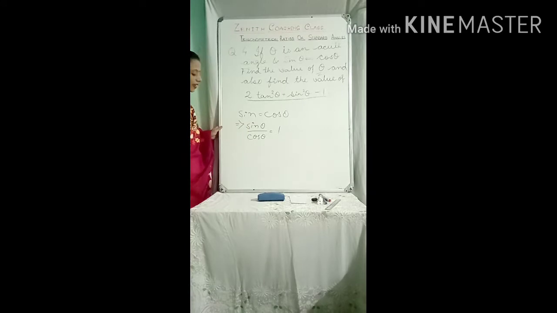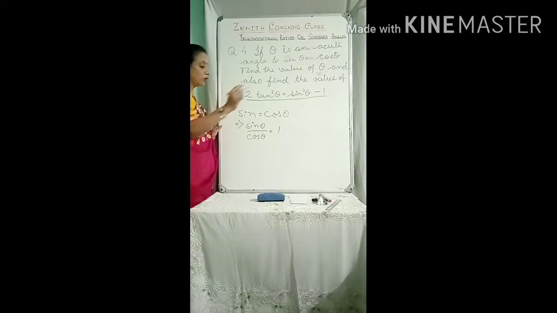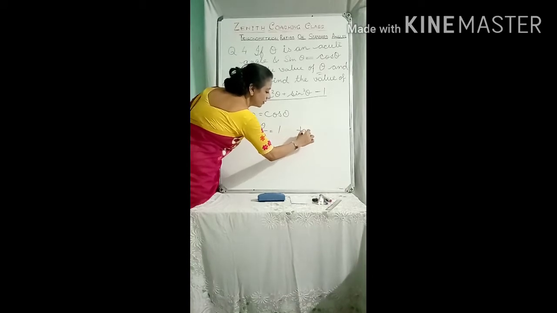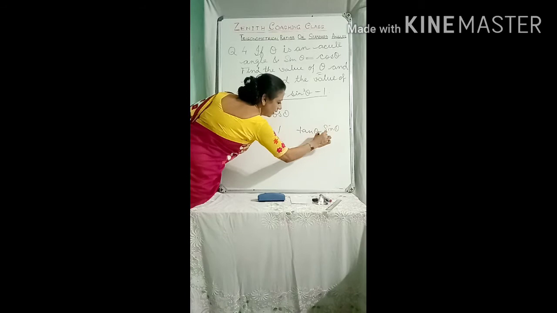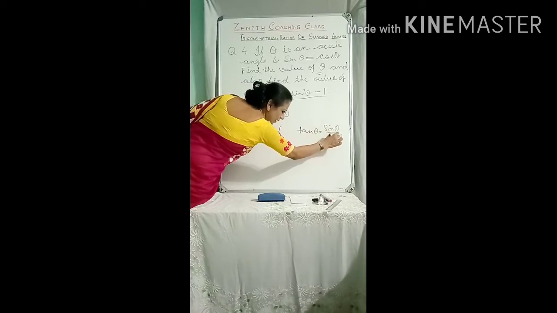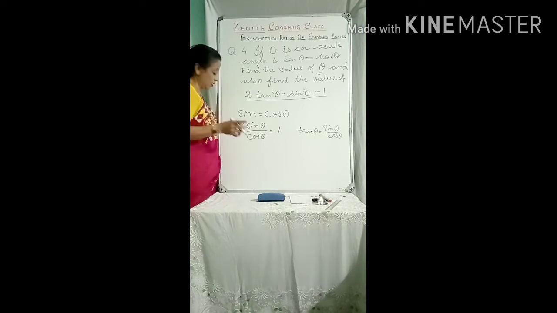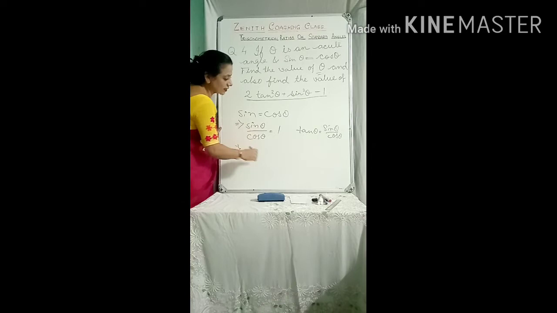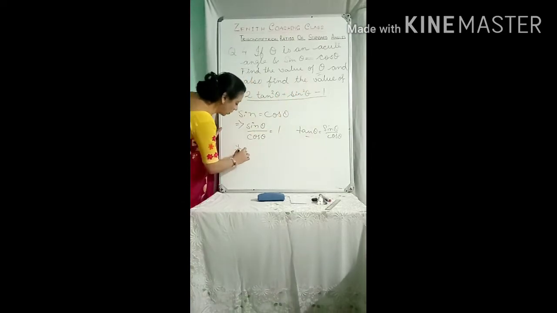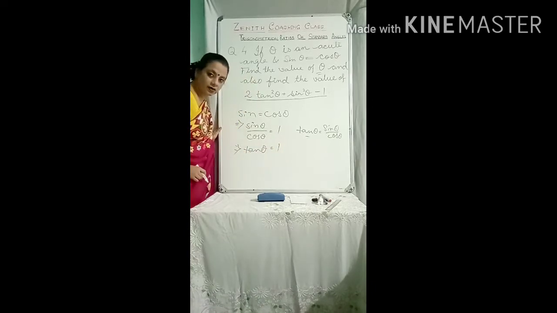So sin theta by cos theta equals 1. What is the formula? You can remember, tan theta equals sin theta by cos theta. That I taught you in the previous class. Then sin theta by cos theta is tan theta. So tan theta equals 1.